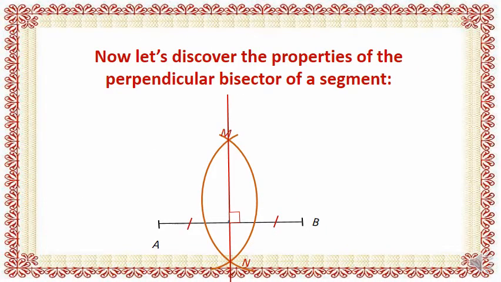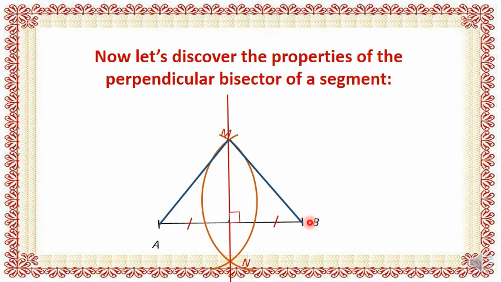Now, let's discover the properties of the perpendicular bisector of a segment. This is segment AB. We already draw the perpendicular bisector MN of the segment AB. Let's join MA and MB. What do you notice? You are going to notice that the distance from M to A is the same as the distance from M to B. In other words, we can say that MA is equal to MB.